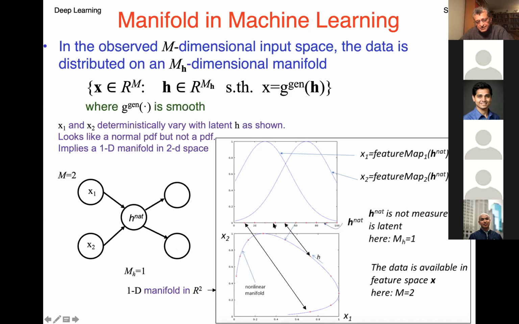Now this shows a very interesting depiction of what this x1 and x2 could be, some example. And let us say we have along the x-axis a one-dimensional representation, right? This really corresponds to this h-nat here.